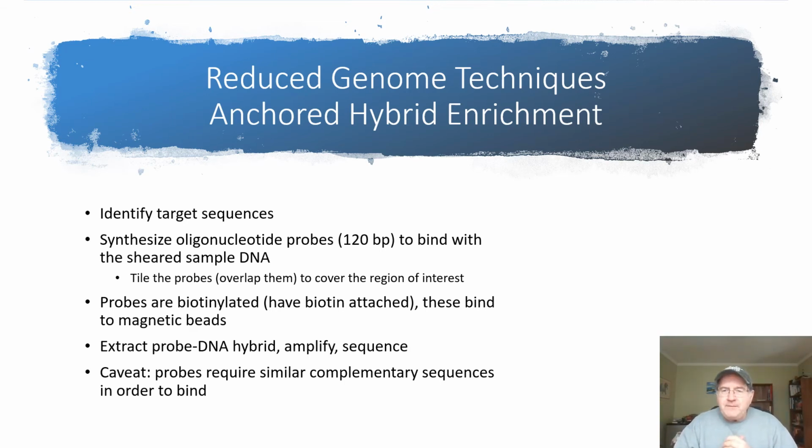Now, the probes, the DNA or RNA sequences, are biotinylated. That is, they have the molecule biotin attached to them. Biotinylated probes can be bound to magnetic beads. So the idea is that you put your probes into a mishmash of DNA from the organism you're studying. You've already sheared the DNA into small pieces, and the probes bind with those pieces through the matching nucleotide sequences.